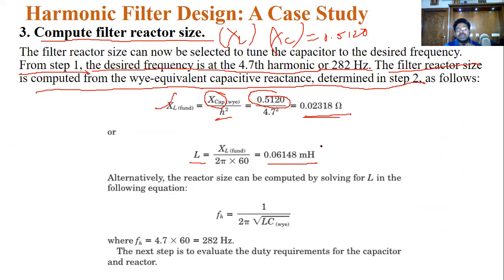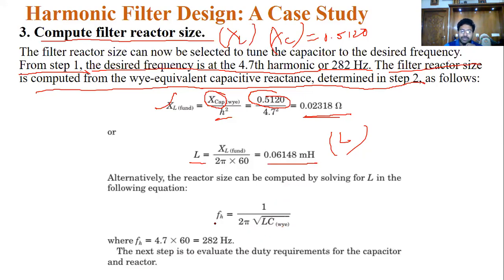This is the inductor L value, 0.061 mH. Alternately, you can also calculate the L value by using this formula. You know that formula: f is equal to 1 by 2 pi root LC.